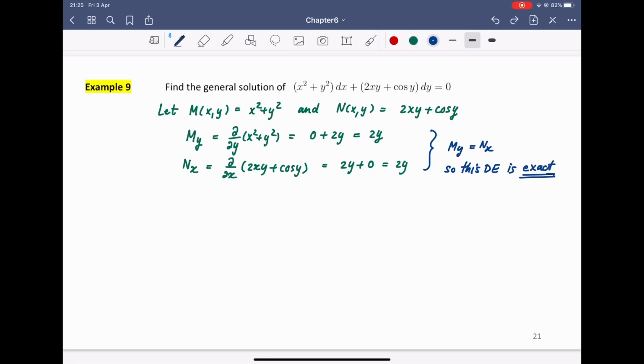Once we know that the differential equation is exact, the general solution of this differential equation is f(x,y) equal to c. Now we need to find such a function f, but from the previous slide, this is what we know.